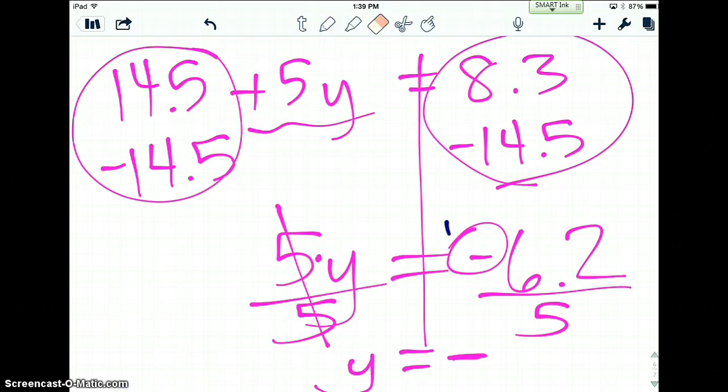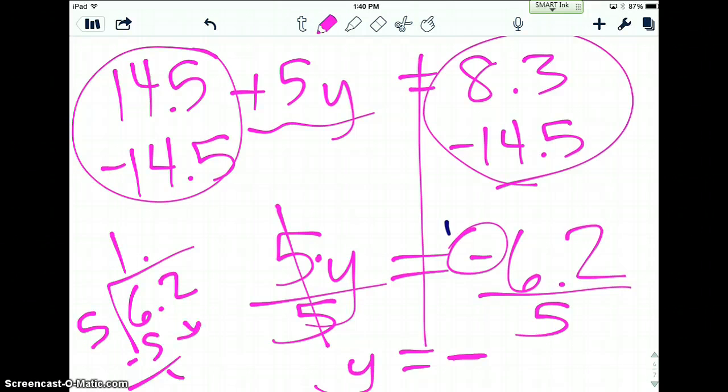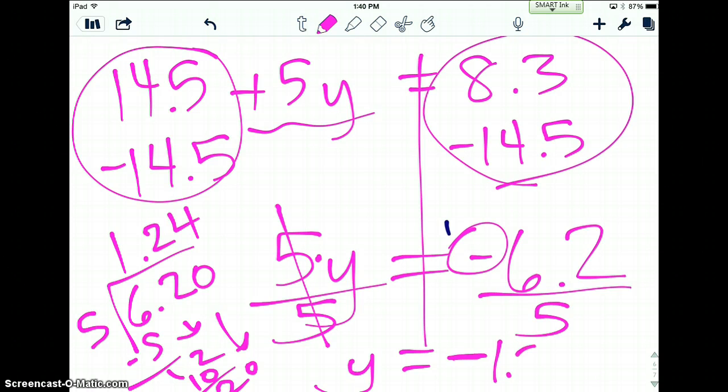And then off to the side, I take that 6.2 and divide it by 5. Bring up my decimal. Negative 1.24.